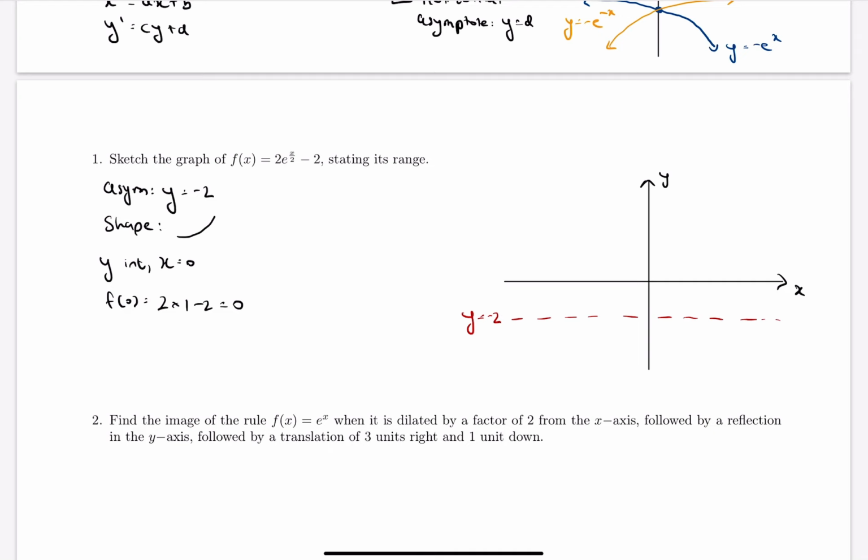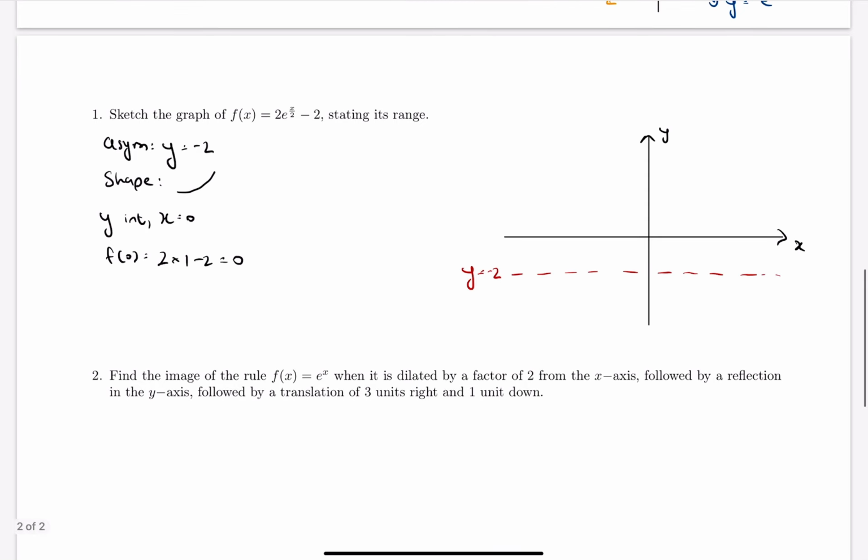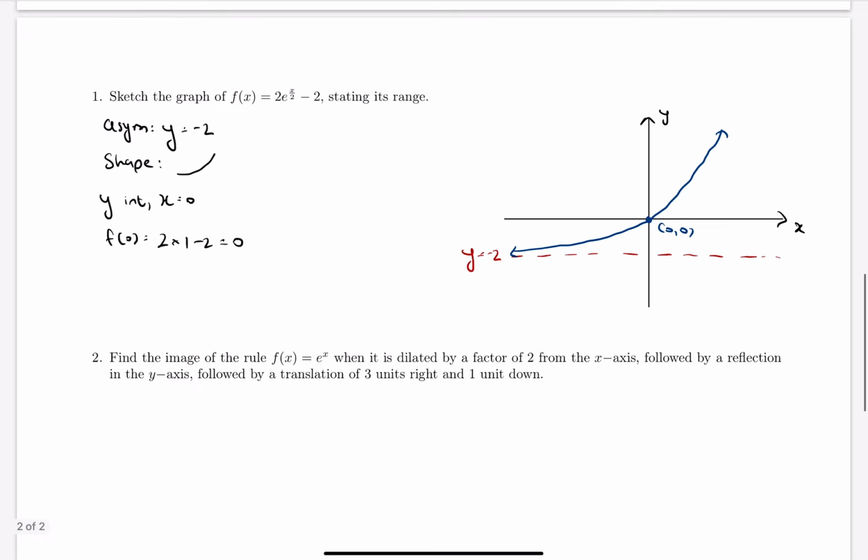So if the y-intercept is 0, the x-intercept has to be 0, so it is already obvious what our graph's going to look like, and it is an exponential function that goes through the origin. So what pieces of information do you have? You have the fact that you have an asymptote at y equals negative 2, and you have that it goes through the origin.